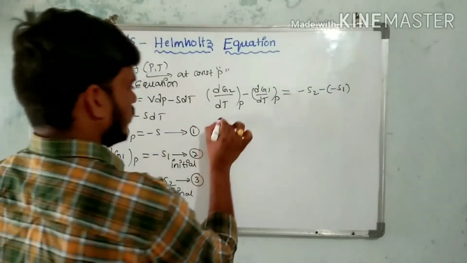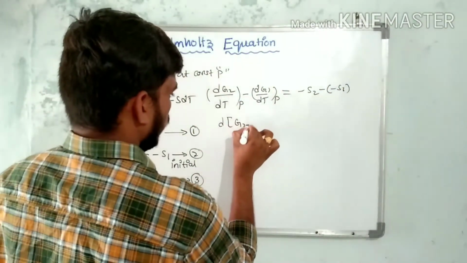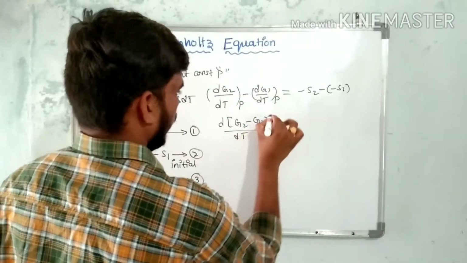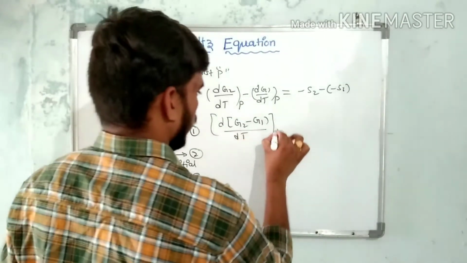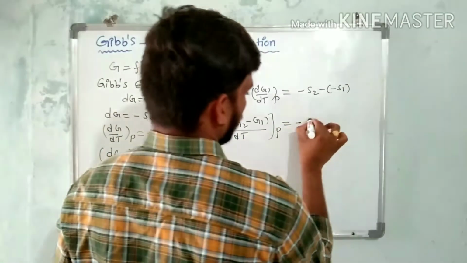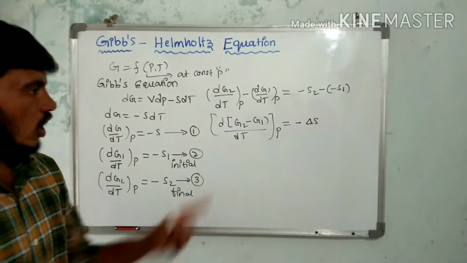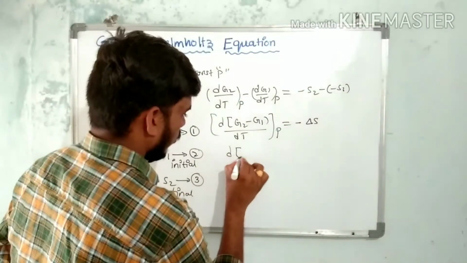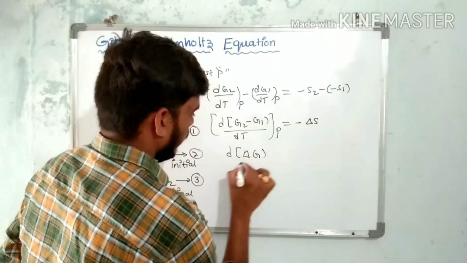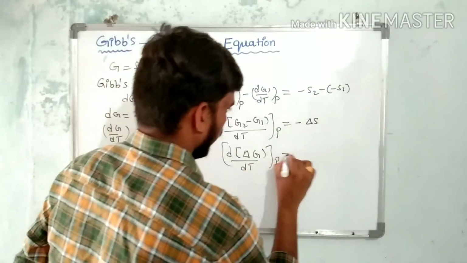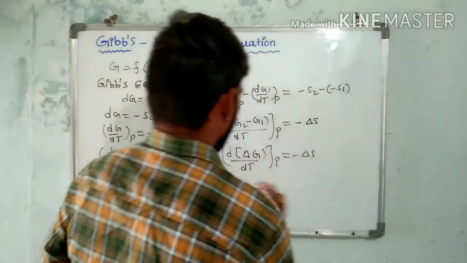So d of G2 minus G1 by dT at constant pressure is equal to minus of delta S, which is the change in entropy. So d of delta G by dT at constant pressure is equal to minus delta S.